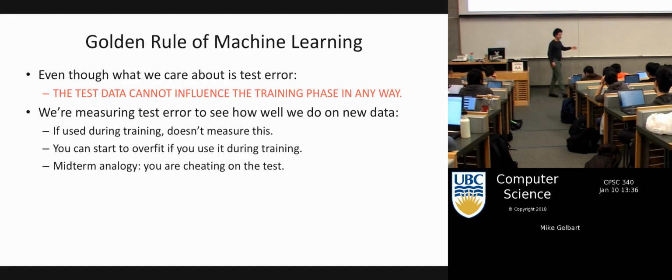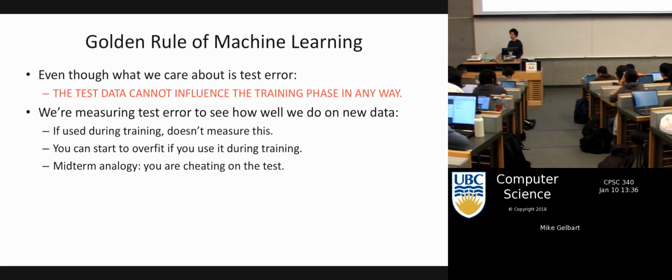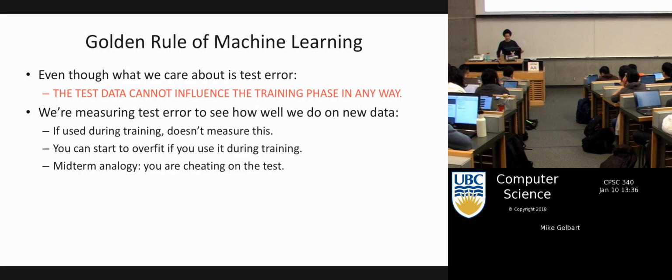Then, yes, you'll do better on the exam, but that's not the goal here. The goal is to actually learn, and in a real situation you would definitely not have access to that, so you won't be doing a good job. So this sounds like, why would I ever do this? But it actually happens sometimes, and it's something we need to look out for. You might be using the test set in ways you don't quite realize, and we'll get to that.